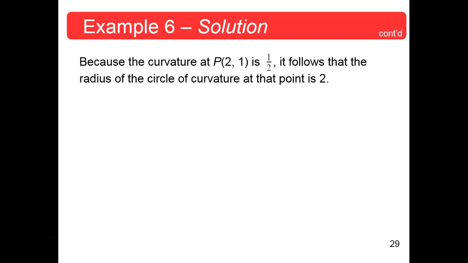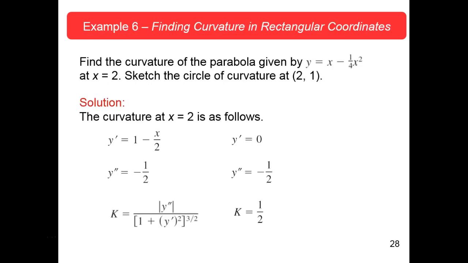Okay, because the curvature at P 2, 1, and I don't know, did we ever do that? Yeah, I don't think we did. They just told you at x = 2, and then they said at this. We graphed it and saw that was true, and we did, because that's how we graphed it.